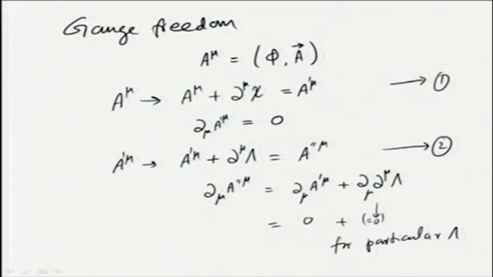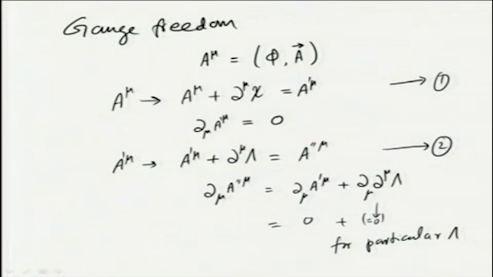This will not change the electric and magnetic fields, the physical quantities, neither will it change the condition that A prime is divergenceless, so A double prime is also divergenceless if lambda satisfies the condition that dou mu dou mu lambda is equal to 0.